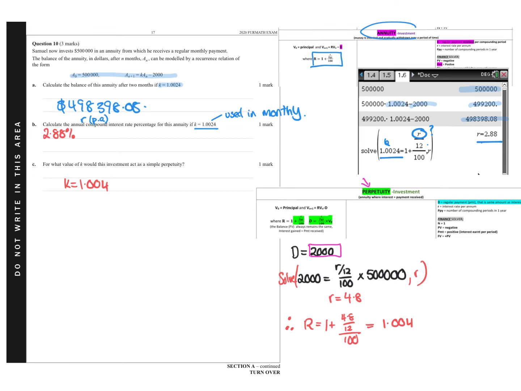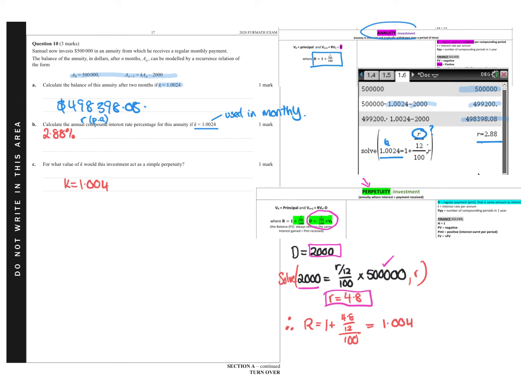The interest that you gain is this part of your formula. So I've written 2,000 equals R, because we're trying to find out what the rate per annum is. I want D to equal 2,000, so I'm using the D formula for a perpetuity. We know it's 5,000, and if I do that, the rate is 4.8.